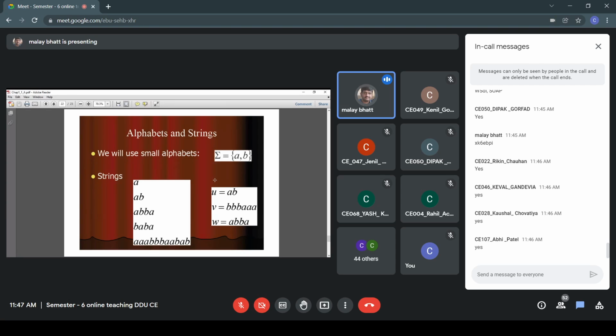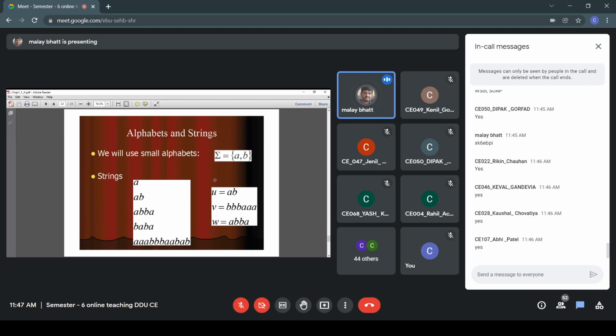Because these are the only four combinations, it is very easy to check the automata, since we don't have to worry about other combinations. If you consider the input alphabet as A to Z, then we have various combinations: A with A, A with B, A with C, A with D, up to A with Z for length 2.